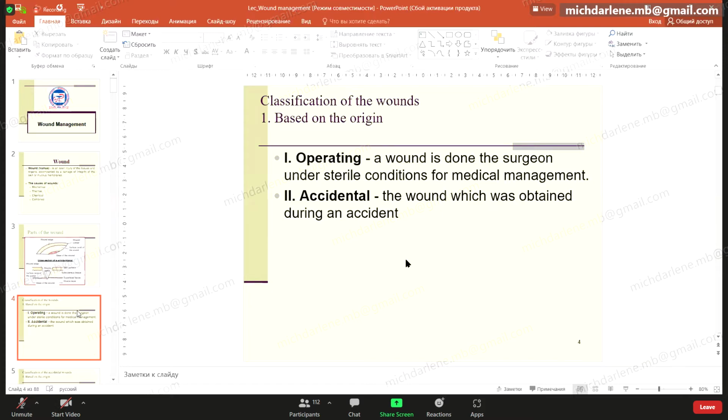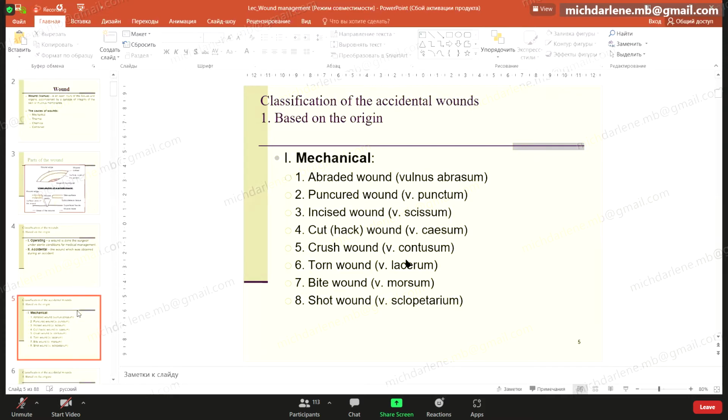If we try to understand the cause of these wounds, we understand that intra-operative wounds are successfully clean wounds. All other wounds which happen are accidental. All of these wounds are contaminated by different kinds of bacteria, and these contaminations depend on the cause of the wound.